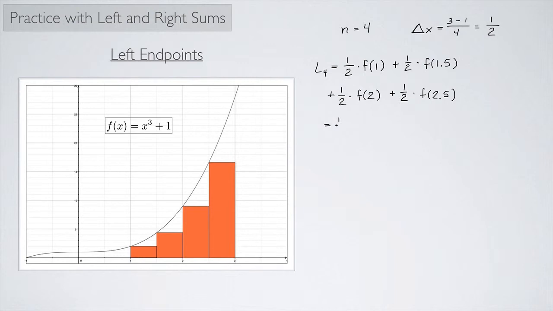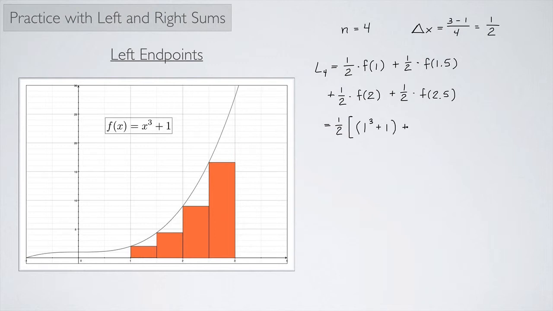So I can factor out the half. There's a half that's constant throughout here because each rectangle always has a width of a half. And the values of the function I can get by just plugging into a calculator or plugging into the formula. I have the formula of the function, x cubed plus 1. So for instance, f of 1 would end up being 1 cubed plus 1. So I'll write that in here.